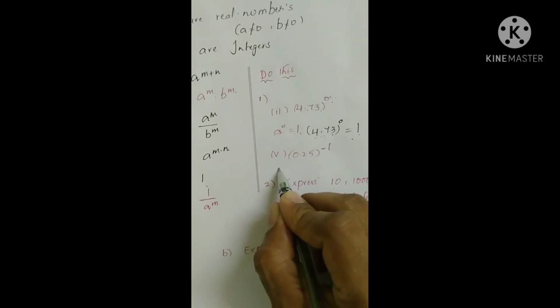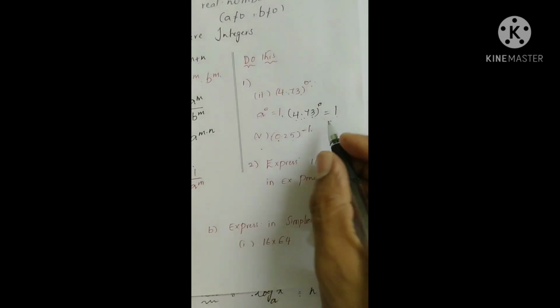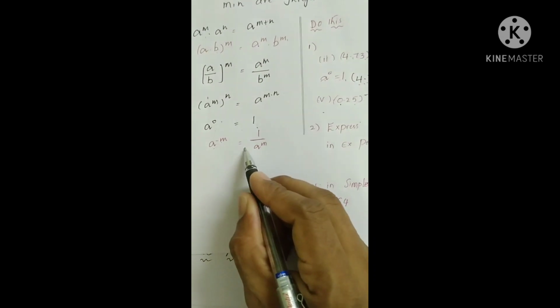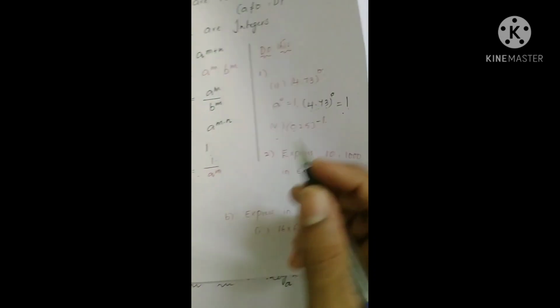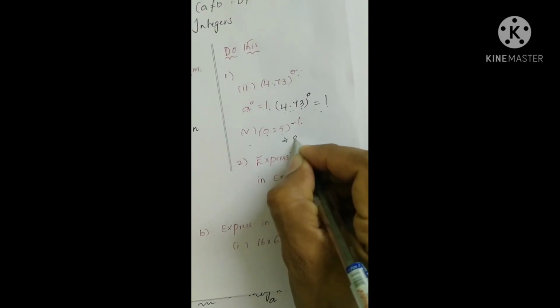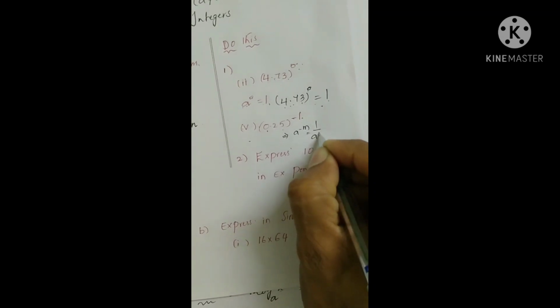Next, the fifth one: (0.25) to the power of minus 1. a to the power of minus m is equal to 1 by a to the power of m.